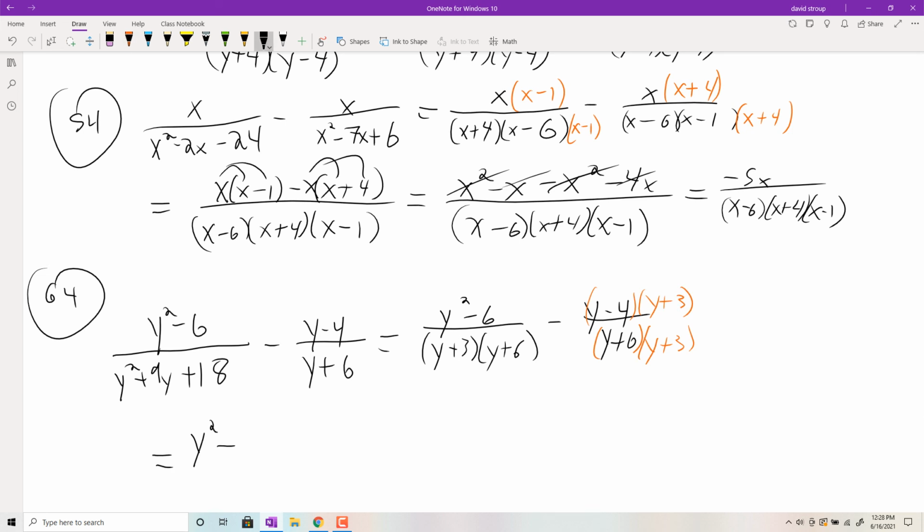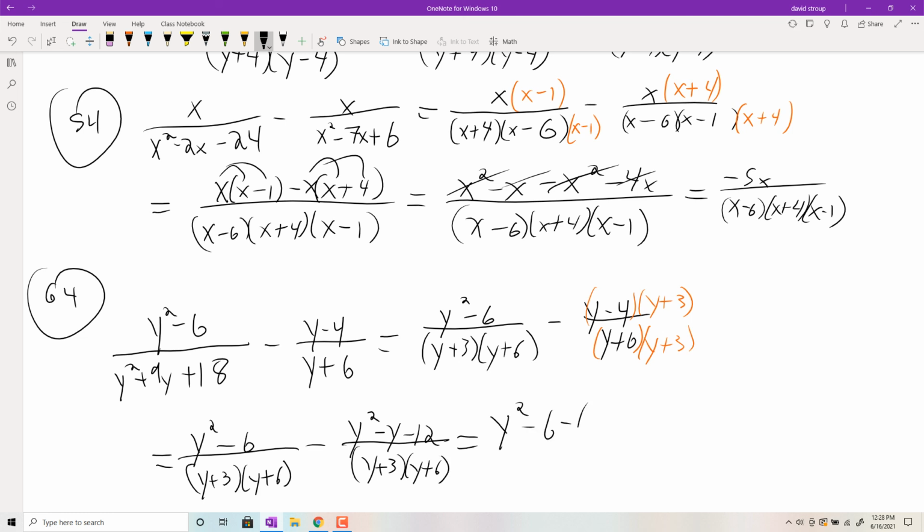Here, you can recopy everything and FOIL out the numerator of the second fraction. That's kind of how they do it in the book. So y squared minus 4y plus 3y is minus y, and then minus 12, all over y plus 3, y plus 6. And then subtract the numerators over the common denominator.